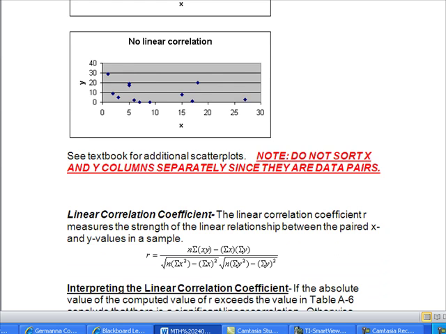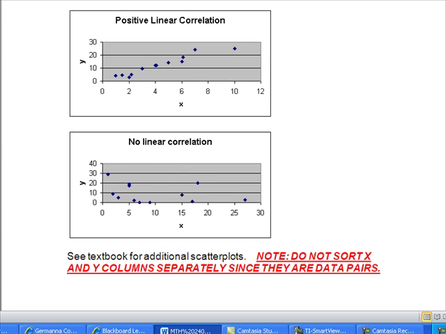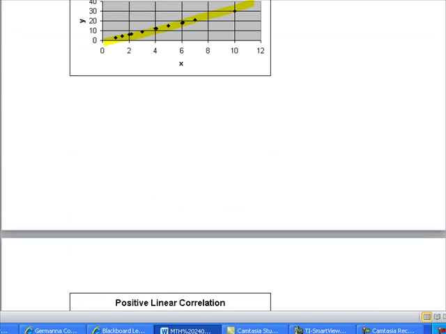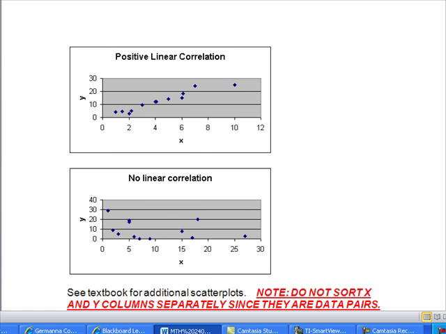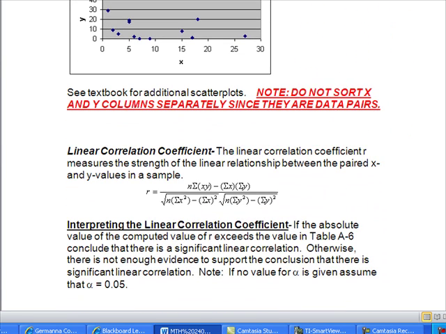For negative linear correlation, the dots would go in a negative direction. There are additional scatter plots in the textbook, and I would suggest that you look through those.